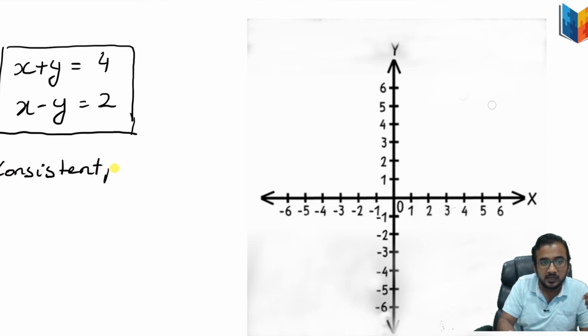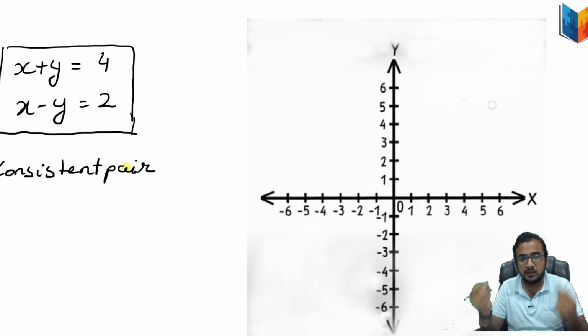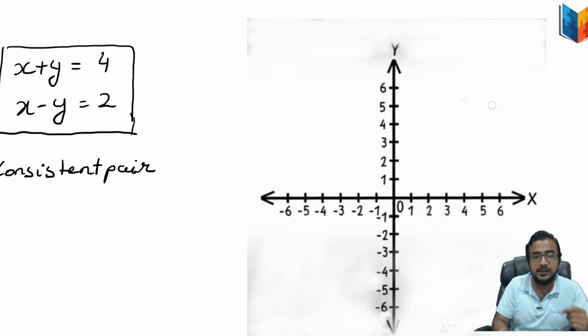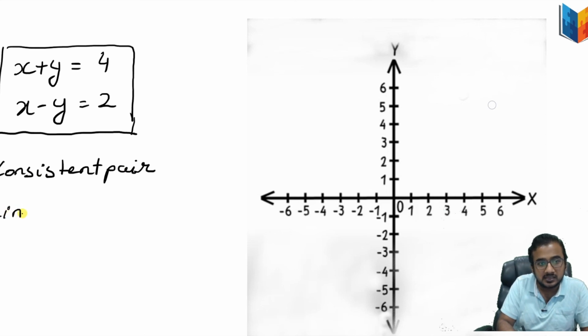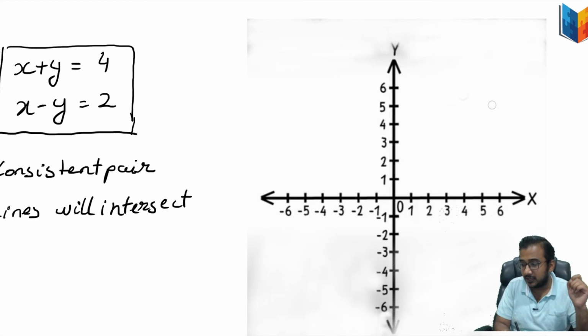What is the meaning of a consistent pair? It will have a particular value. Both lines will intersect. So in these two equations, the lines will intersect on the graph. When you draw and represent this, taking the same values of x and y, you will get lines, and at one point they will intersect.